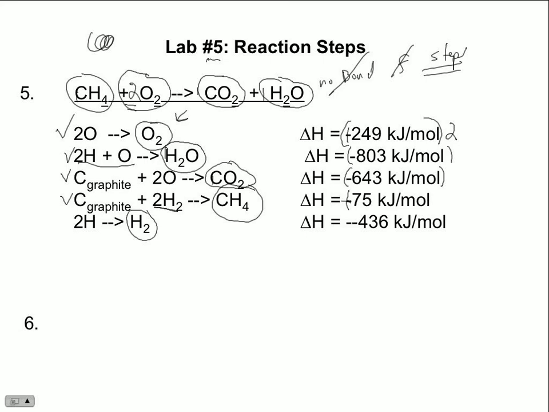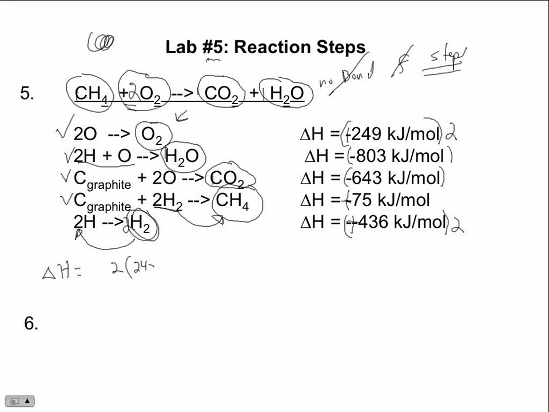There it is. Because we had to flip the sign on this, it's actually seen as a product. Well, we want it to cancel, so we're going to switch it to a reactant on this side, and we're going to multiply it by 2. So we're going to flip this sign to 436, and we are going to multiply it by 2.